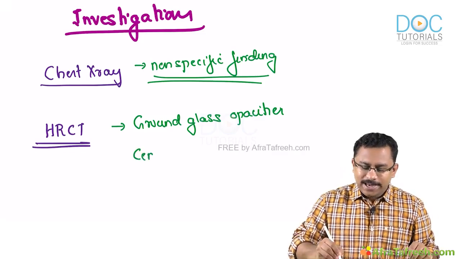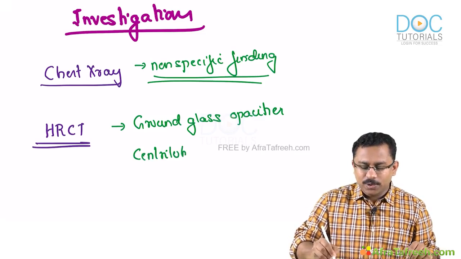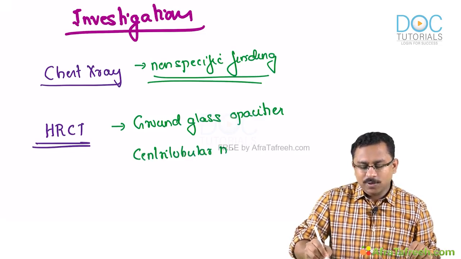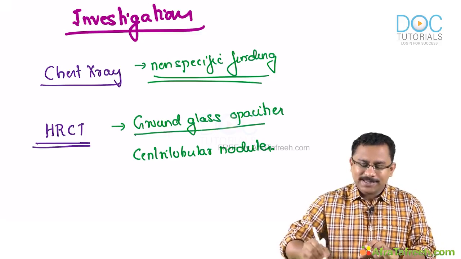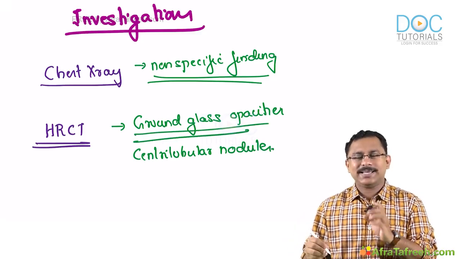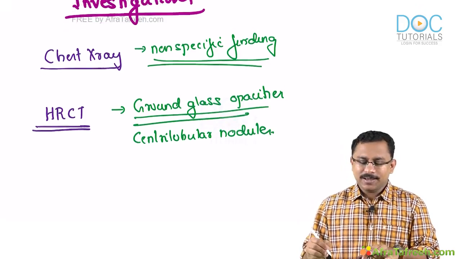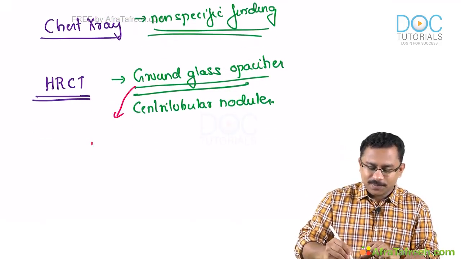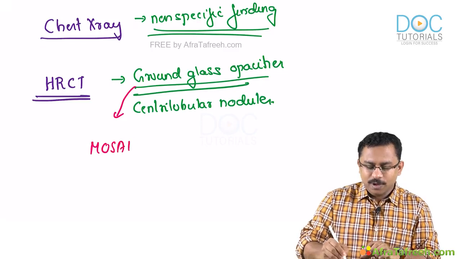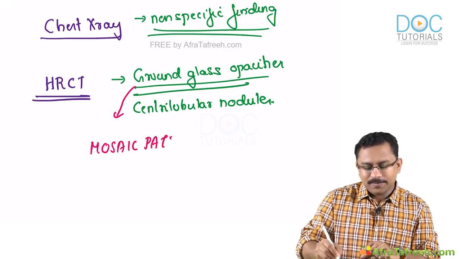Along with that, you can have centrilobular nodules. Now these ground glass opacities in hypersensitivity pneumonitis have a sort of mosaic pattern.